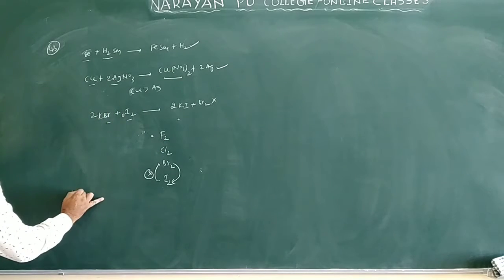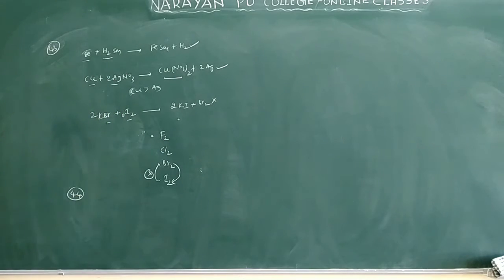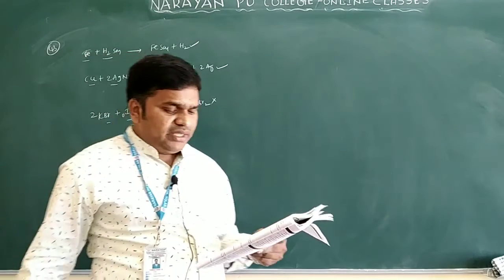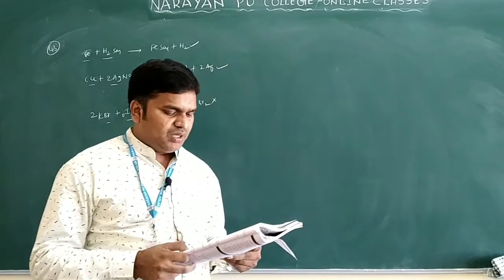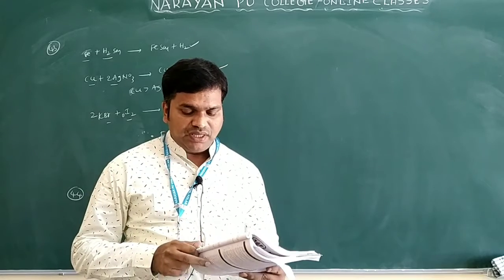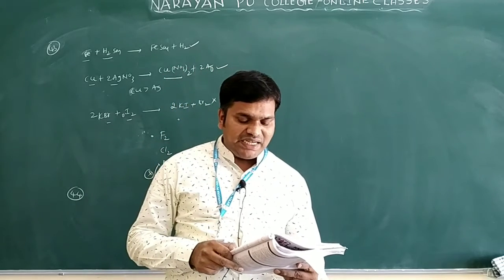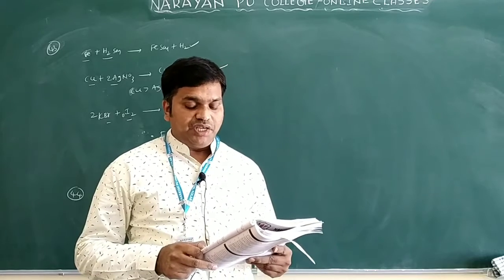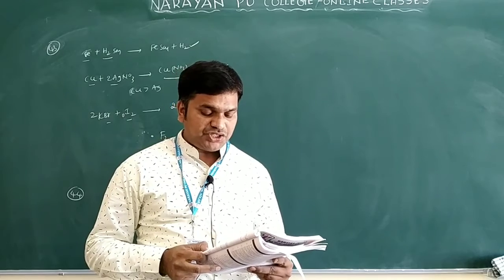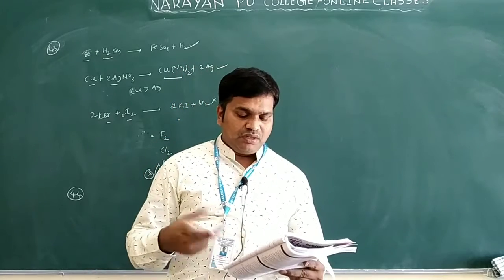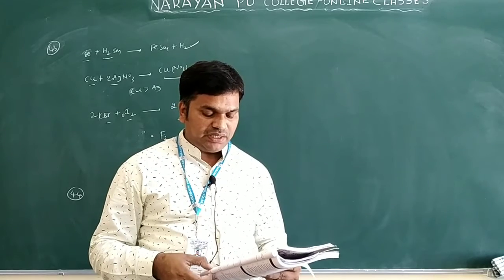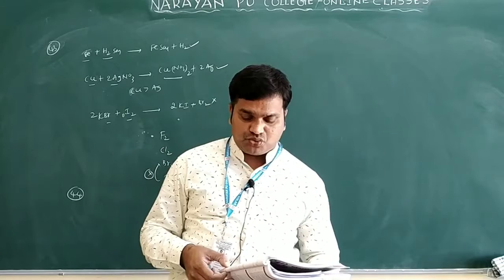Next, question number 44. When a rod of metal A is dipped in an aqueous solution of metal B, the concentration of the B2+ ion being 1 molar at 25 degrees Celsius, the standard electrode potentials of A2+/A is minus 0.76 and B2+/B is plus 0.34 volts. The options: A will gradually dissolve, B will deposit on A, no reaction will occur, water will decompose into H2 and O2.